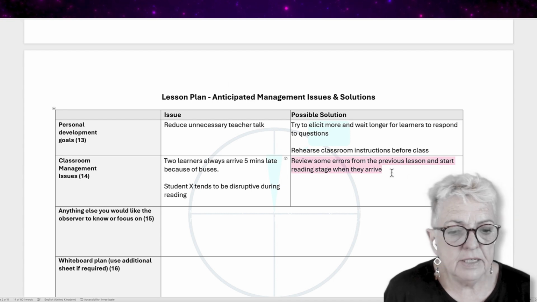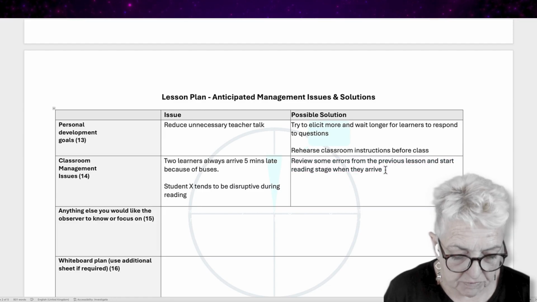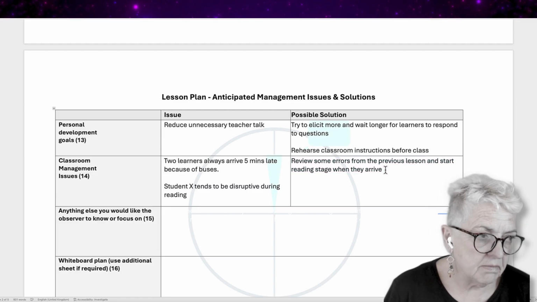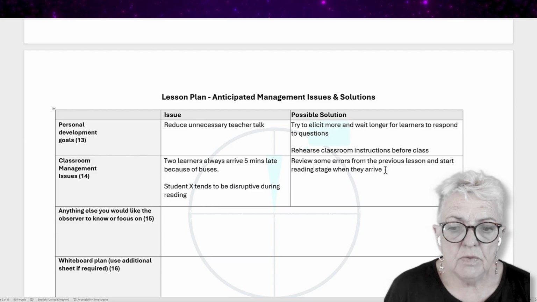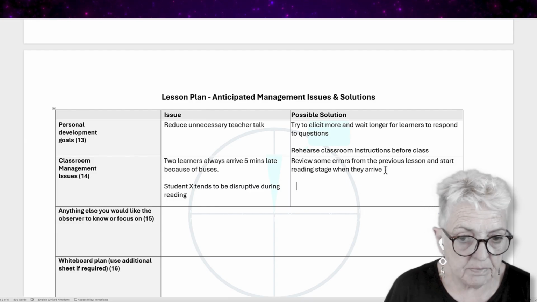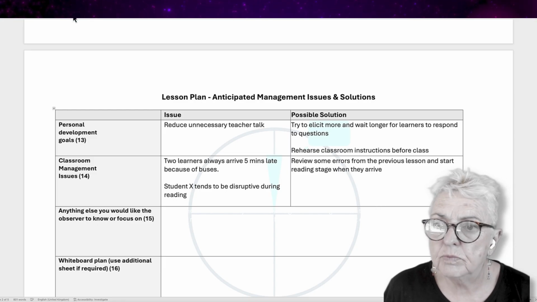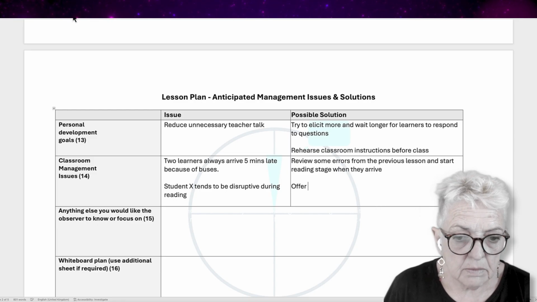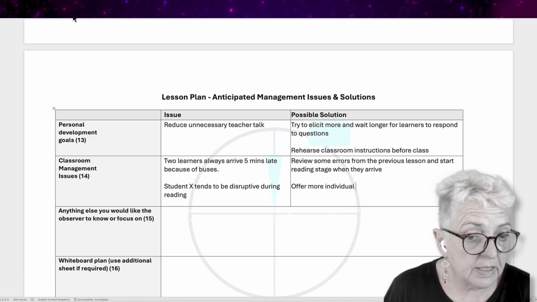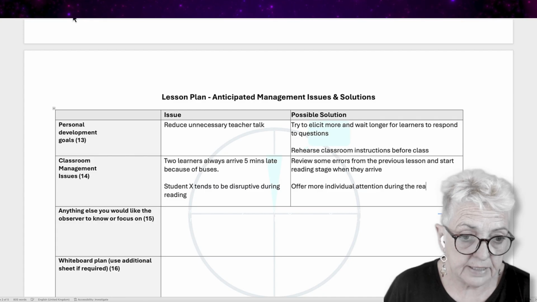Okay, so you might do some kind of activity before the late students arrive. It happens. So for example, you may decide to offer more individual attention during the reading stage.